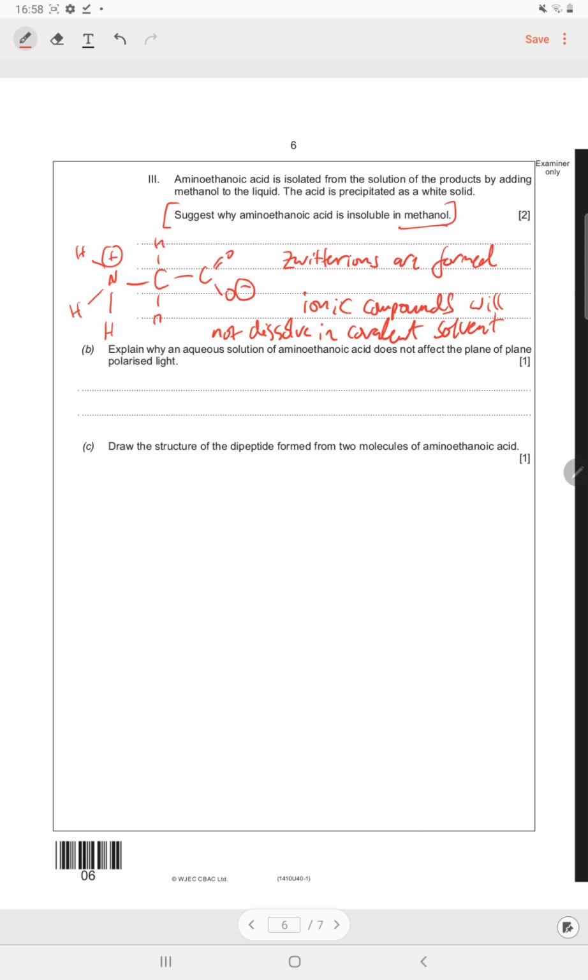Remember the old expression, like dissolves like? So if you're trying to dissolve something ionic, you'll need an ionic solvent. The same with something covalent, you'll need a covalent solvent.